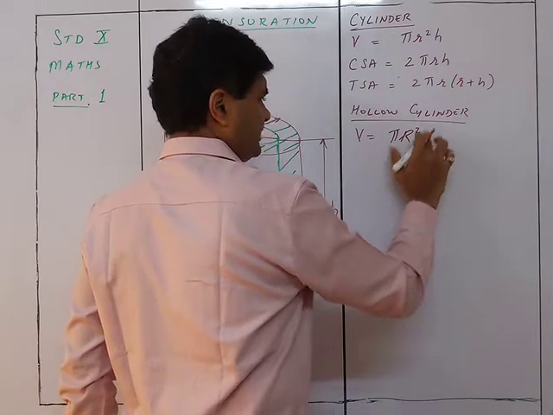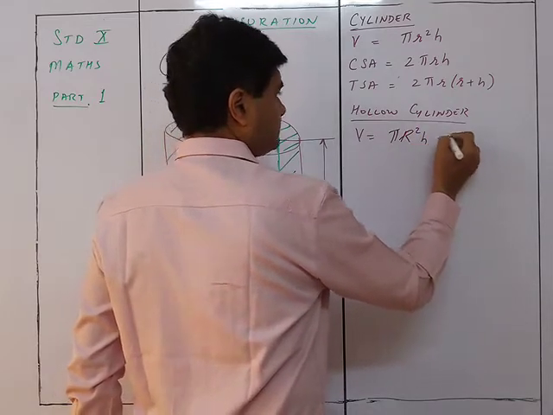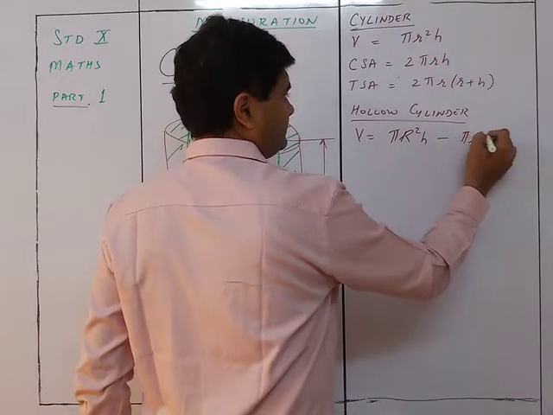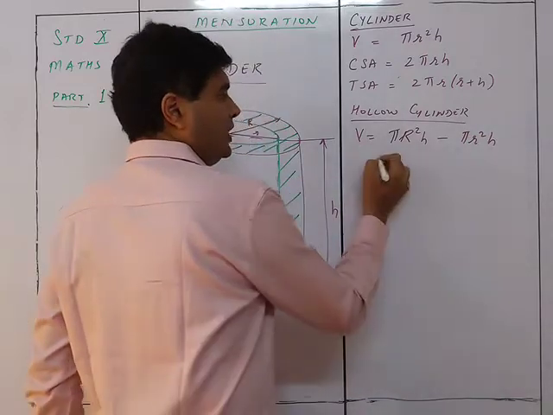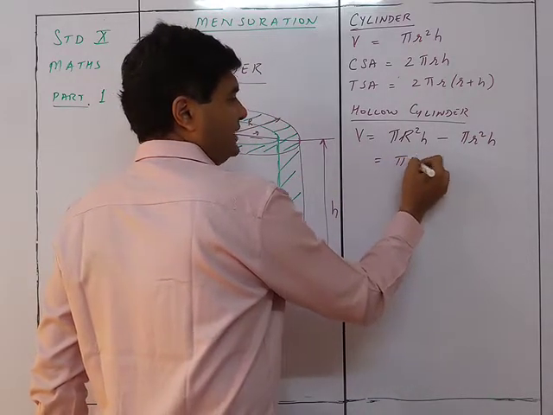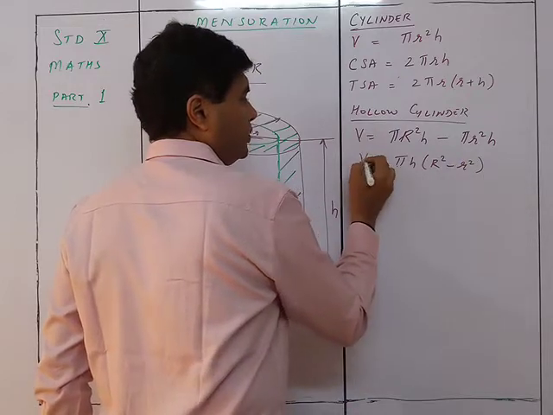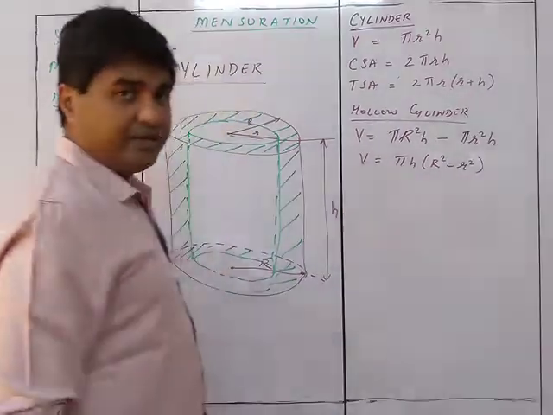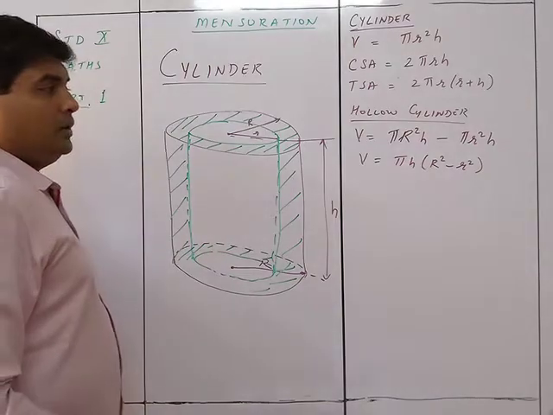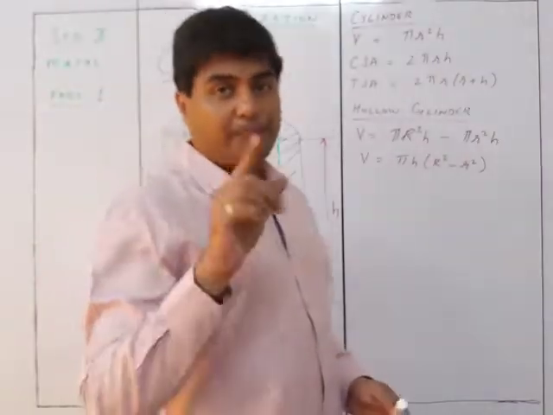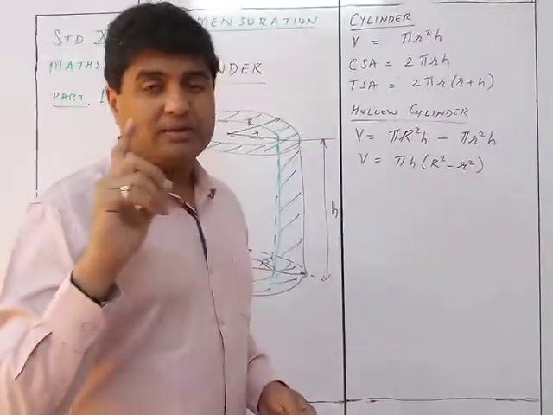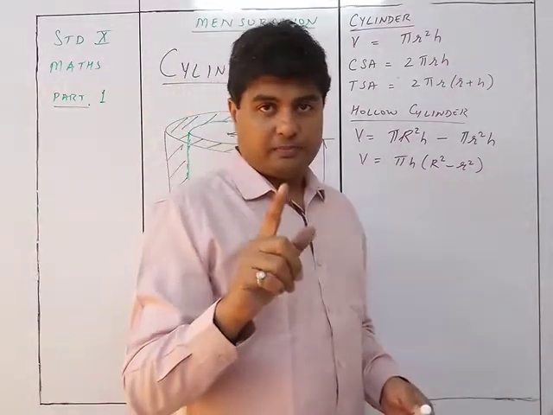H will be the same for both, so we'll keep it as small h. Accordingly, you get pi h (R square minus r square). That is the volume of the hollow cylinder. So in case of volume, you are going to subtract the smaller from the bigger.